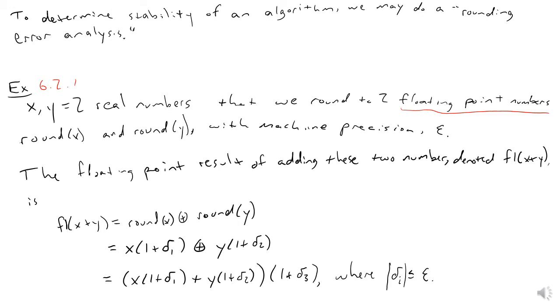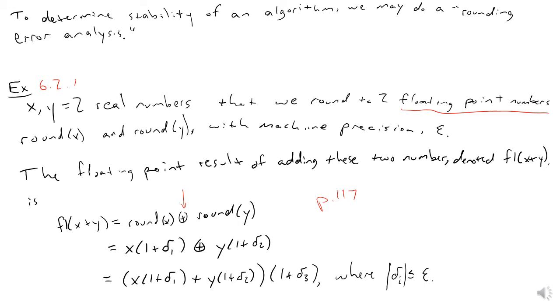So if you look back in your book, the way we do floating point arithmetic, if I want to look at the floating point result of adding x and y, then I'm doing round x plus round y, where if you look back on page 117, they tell you what we mean by this symbol with the plus and a circle around it.